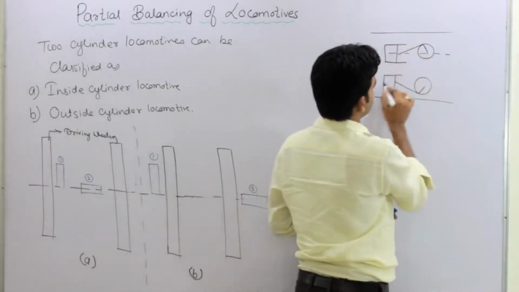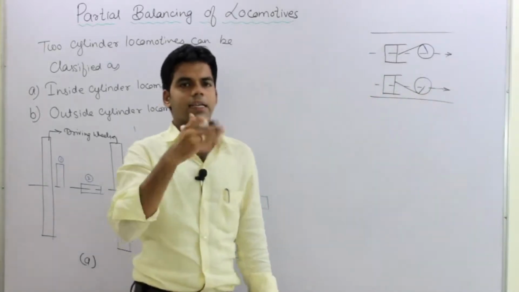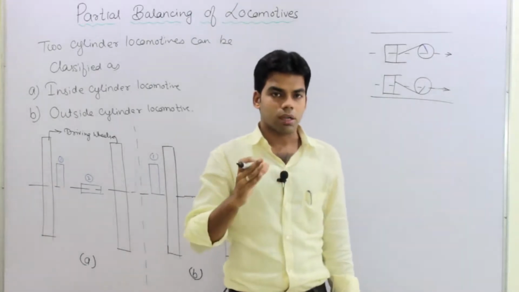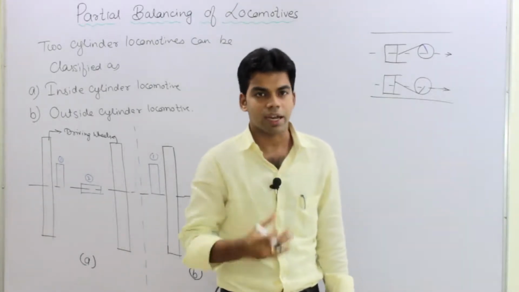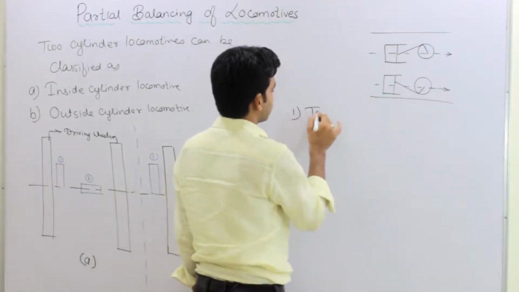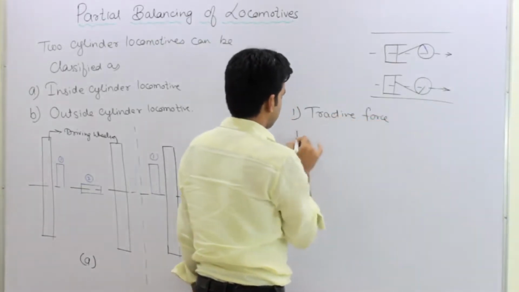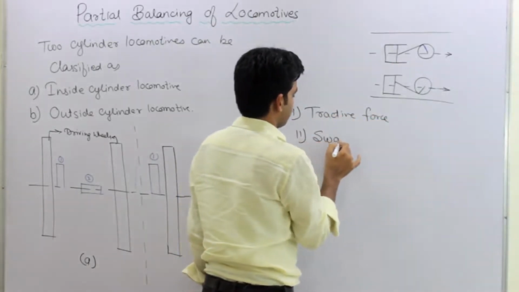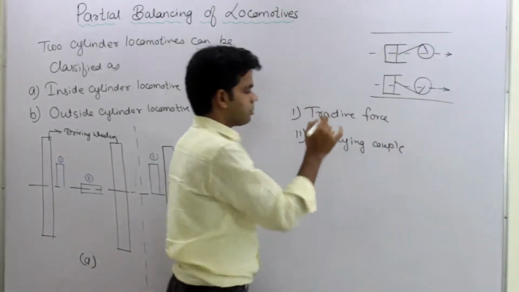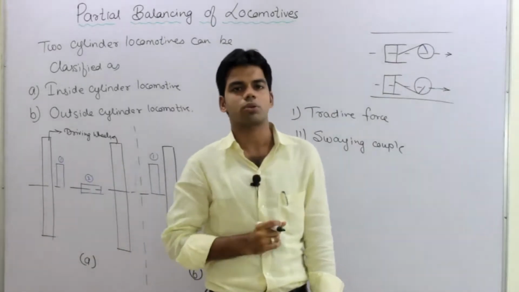So unbalanced force is produced first along the line of stroke, and second perpendicular to the line of stroke. The unbalanced force along the line of stroke will produce two effects. First is tractive force, and second is swaying couple. These tractive force and swaying couple are produced because of the unbalanced force along the line of stroke.